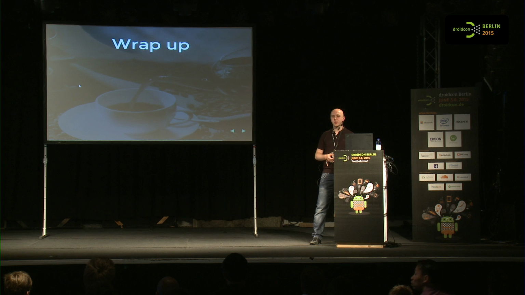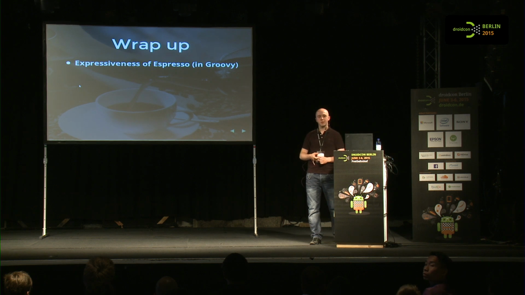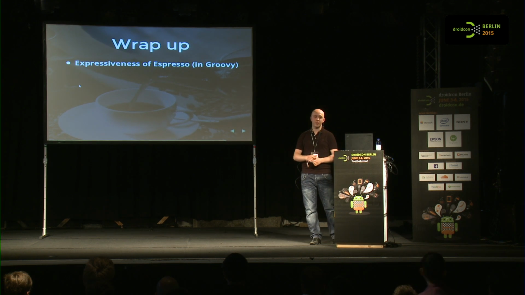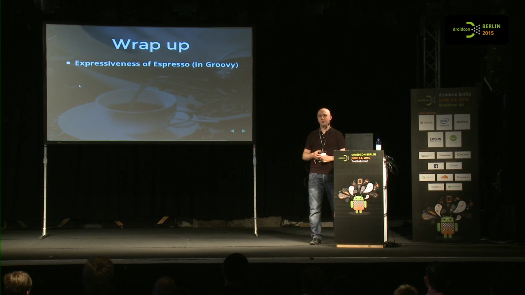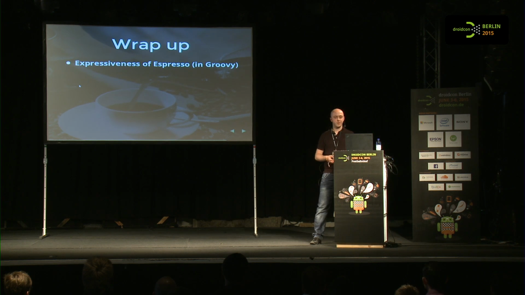And to finish this, let's see what we've learned today. Espresso is expressive a bit. In Groovy, it's more fun. I found it the first time I started using Espresso in Groovy. Without all the dots, it's very readable compared to Java. But most of you are probably using Java. It's still really, really nice compared to Robotium.